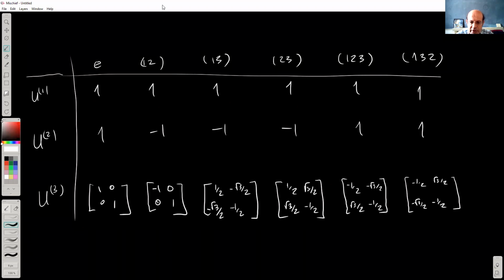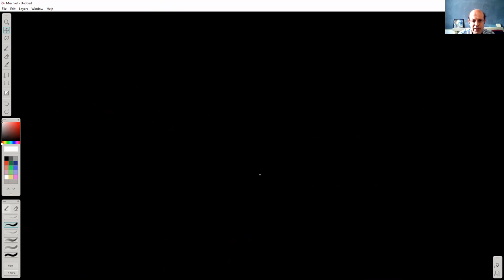Last time I have written down some kind of a relationship between the matrix elements of a representation. So let's just remember this. This is called the orthogonality of matrix elements.